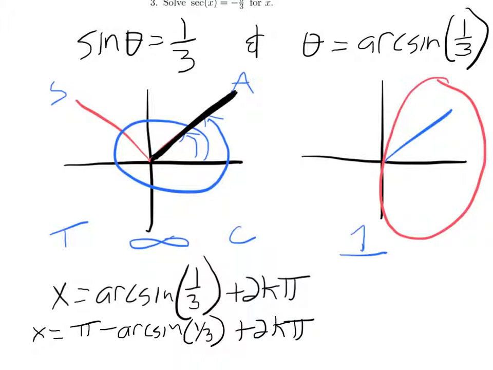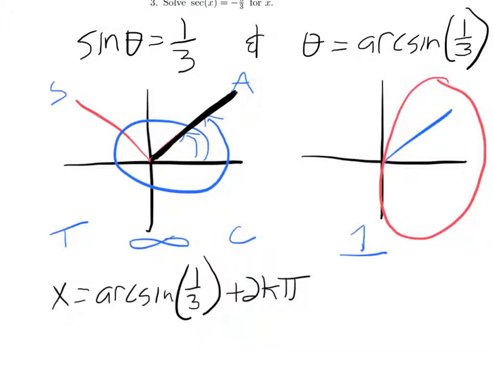That would be the infinite number of solutions. Now this is without our calculator. If we want to use our calculator, if it's a decimal approximation question, this one didn't suggest that, we would just plug this into our calculator and then we would have some decimal approximation here plus 2k pi. We would still have to take pi minus that decimal approximation and get a new decimal approximation here plus 2k pi.